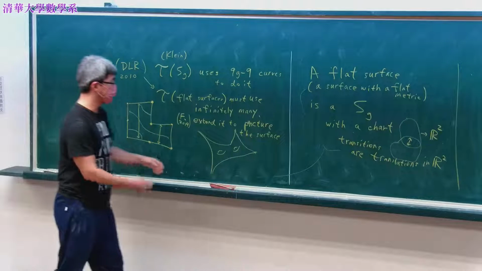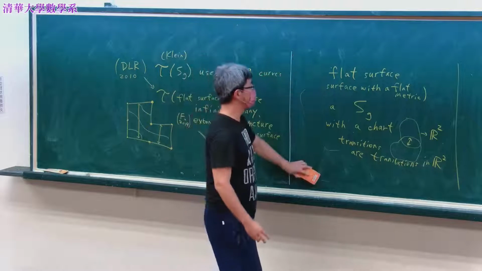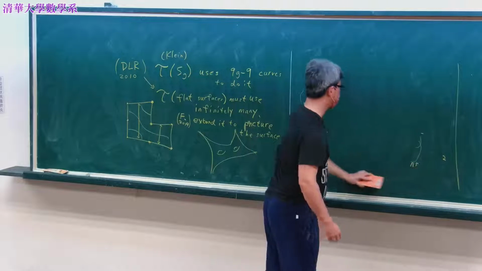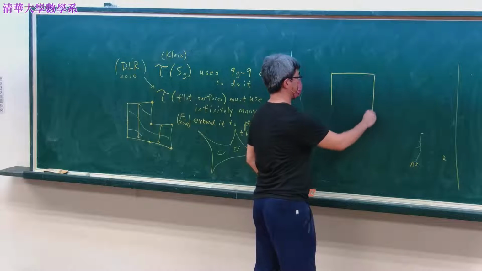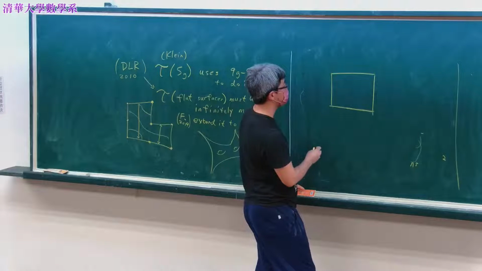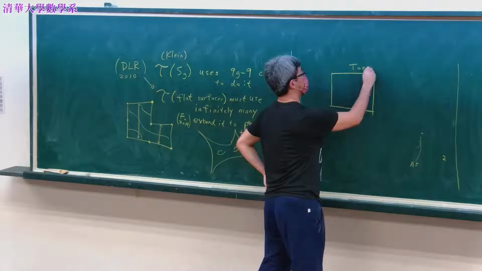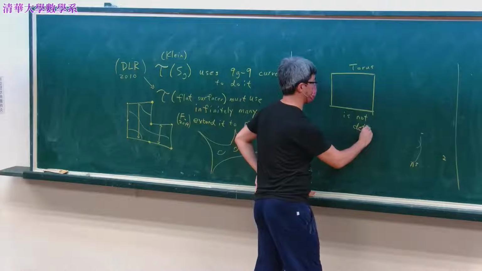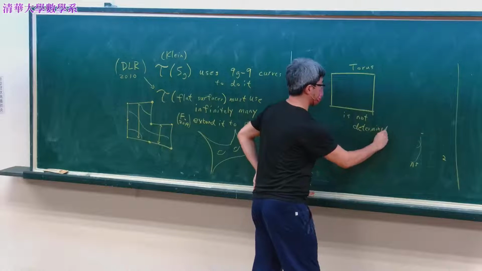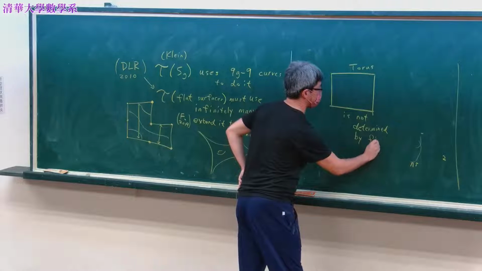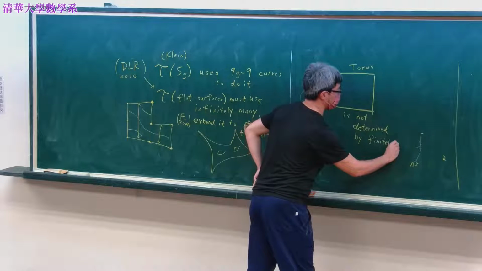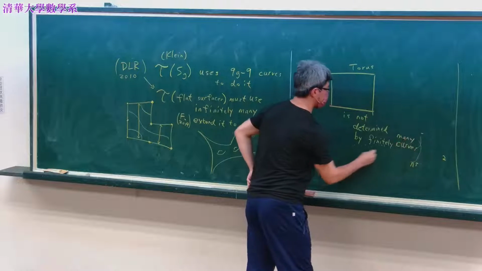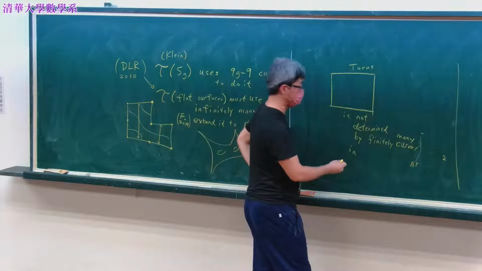Now, this length is not enough to determine things is not a new phenomenon, and I can leave an exercise for you. The shape of the torus is not determined by finitely many curves in the L infinity norm.